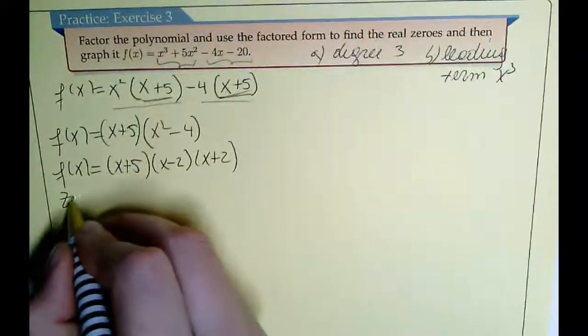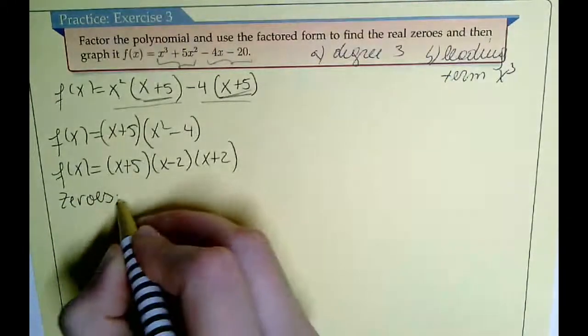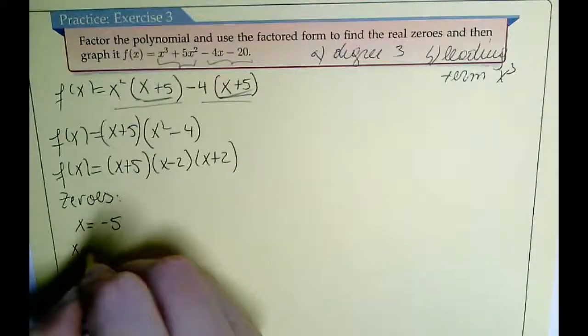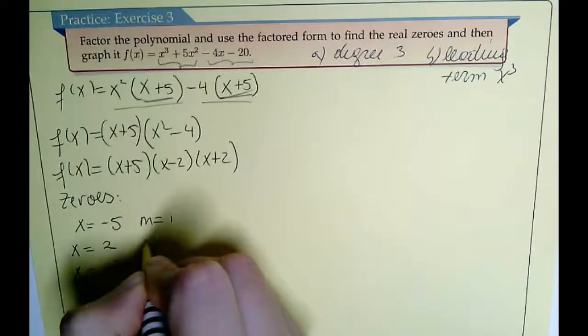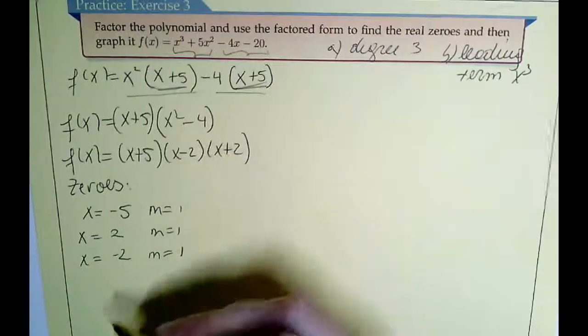So now that I wrote it in factored form, I can say that the zeros are x equals -5, x equals 2, and x equals -2. They all have multiplicity 1, so that means it's going to straight up cross at all of these x's.